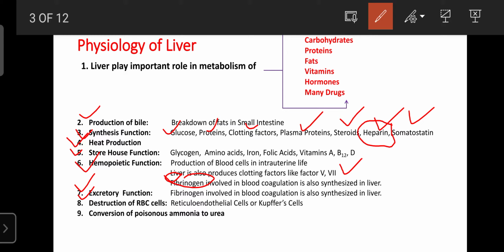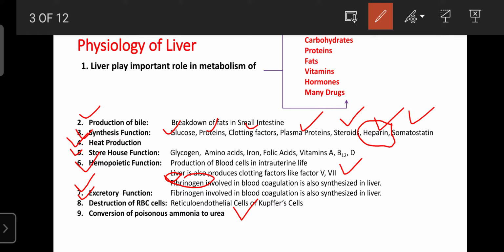Okay. Then the liver is also involved in the conversion of poisonous ammonia into urea. Ammonia is the end product of protein metabolism or amino acid metabolism, so it is highly toxic. It can damage the tissues of the brain.